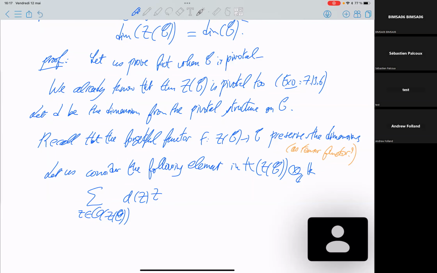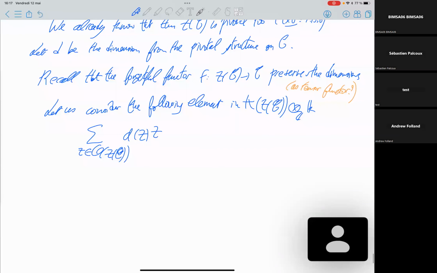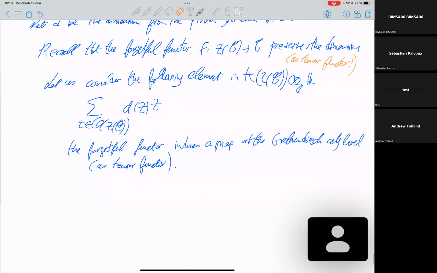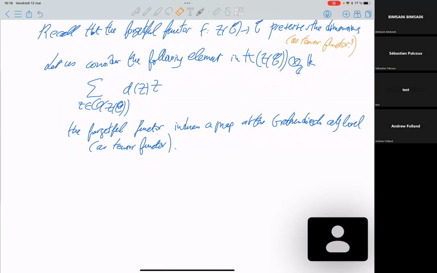And apply the forgetful functor. It induces a map at the Grothendieck algebra level, as a tensor functor. We will call this map F also.